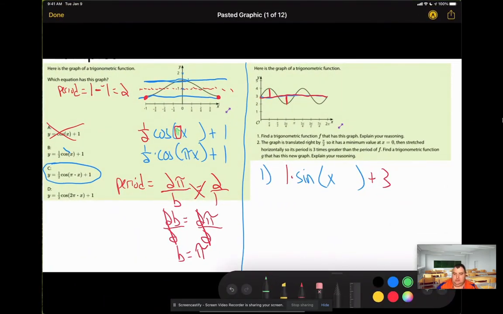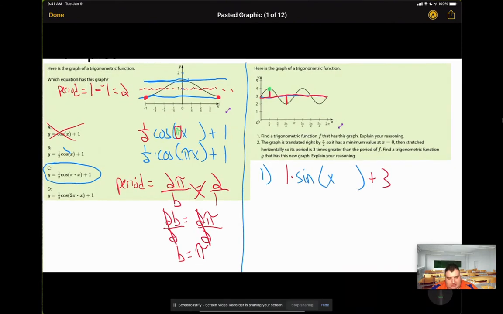So if I look at, for example, here and here, 2 consecutive maximum points, subtract the 2 x values, so the period in this case would be 5 pi over 4 minus pi over 4. So that's going to be equal to 4 pi over 4, or just pi. So my period is pi.